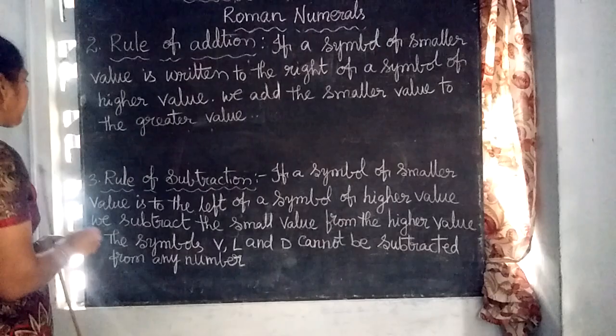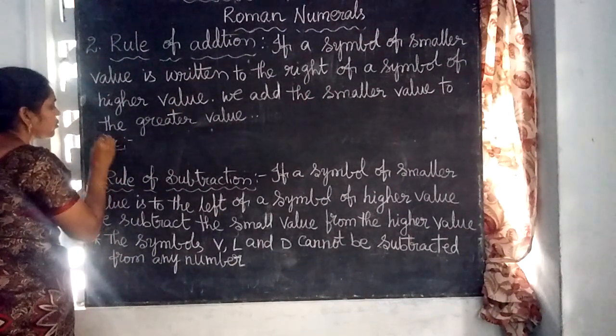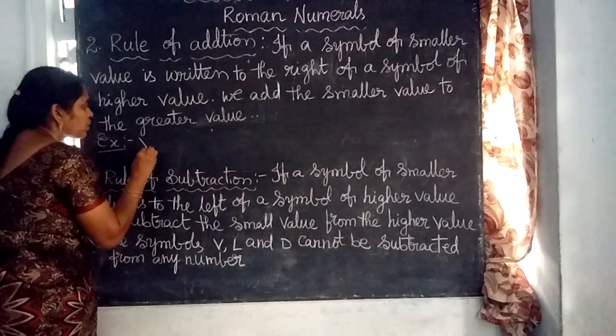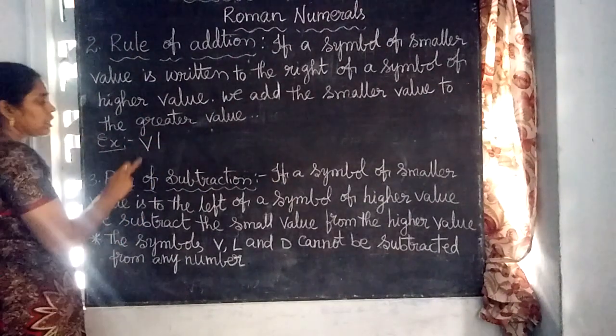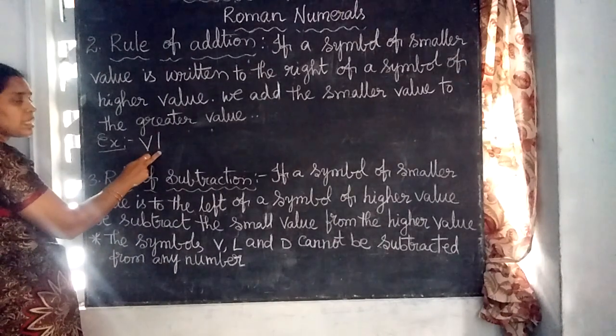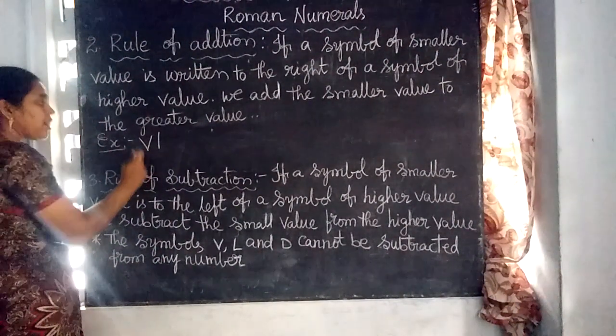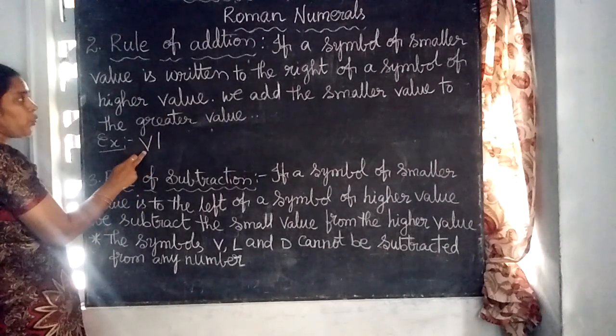See, example. This is the greater value, V, 5, and I is the symbol for 1. I is on the right side of V. So what do we have to do?